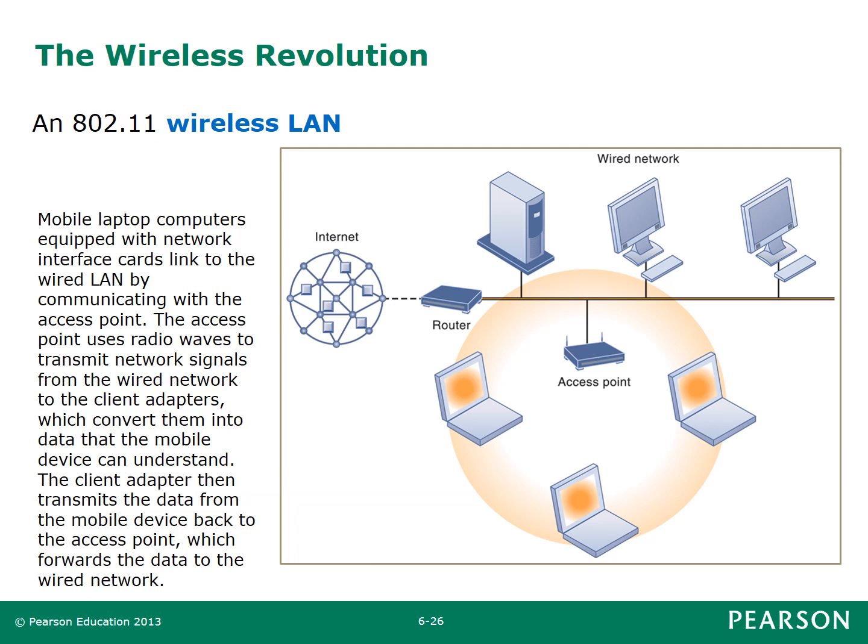The servers that the mobile client stations need to use are on the wired LAN. The access point controls the wireless stations and acts as a bridge between the main wired LAN and the wireless LAN. This means a bridge connects two LANs based on different technologies.